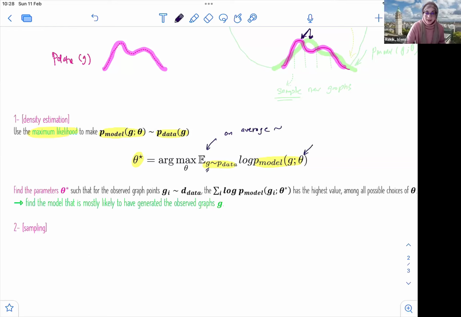And if we have the theta that is able to regenerate the G drawn from this data distribution P data, then we have solved the problem quite nicely.